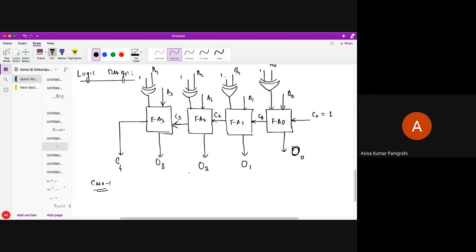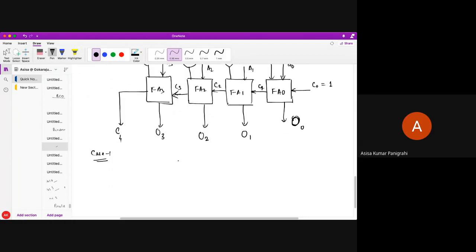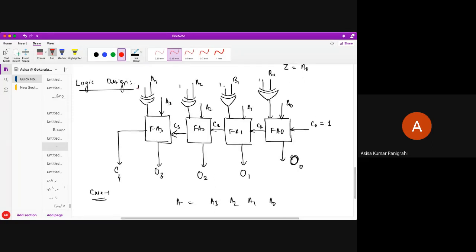Please see here what it will give me. So A, I am giving it as A3, A2, A1, A0 as it is. Now tell me, if all these are 1, what would I be getting here? Can I get B3 bar? Can I get B2 bar? Can I get B1 bar? Can I get B0 bar?